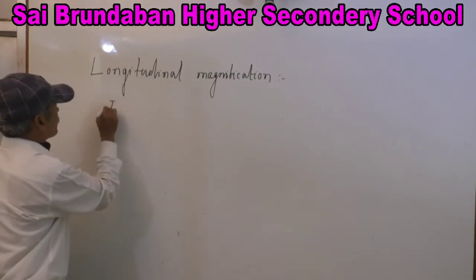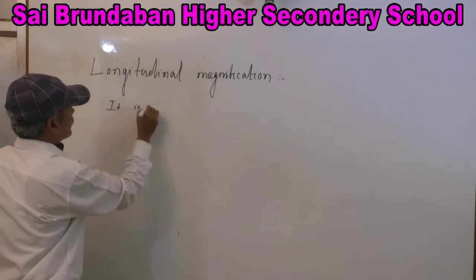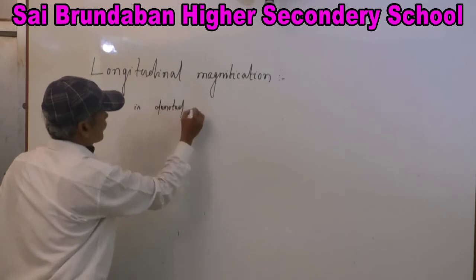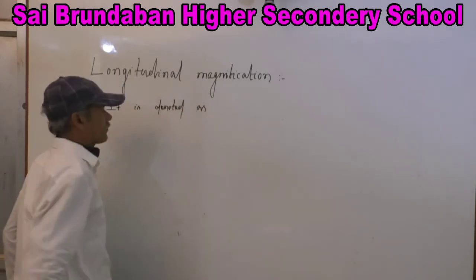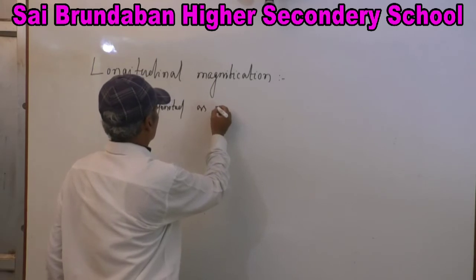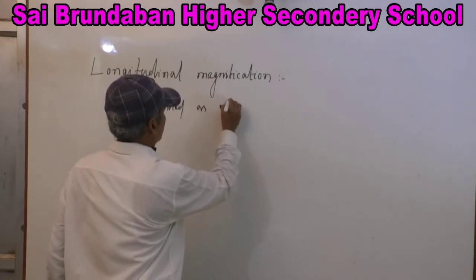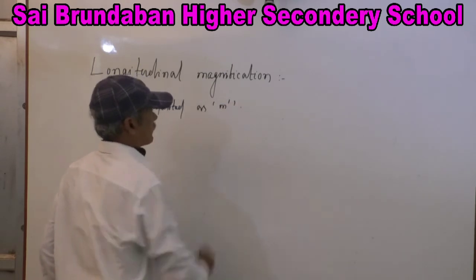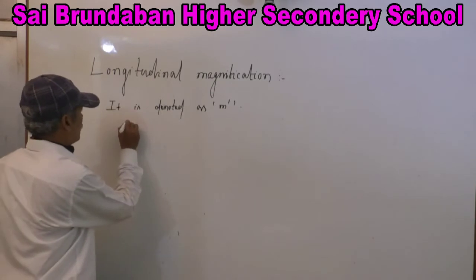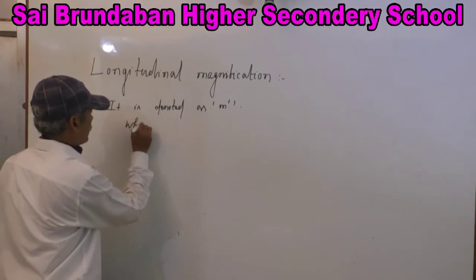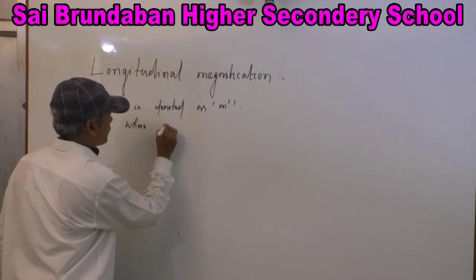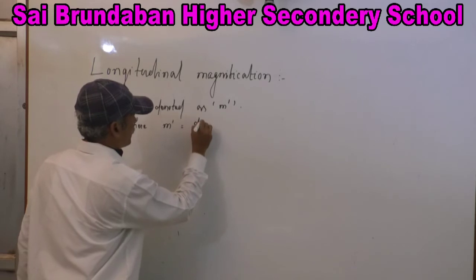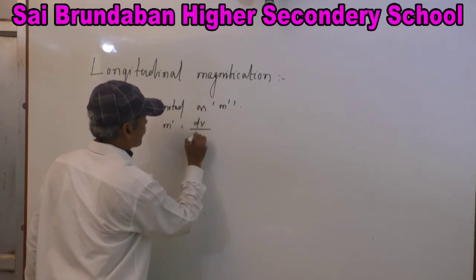It is denoted as m dash, equal to dv by du.